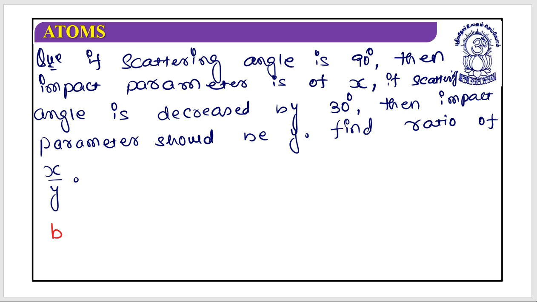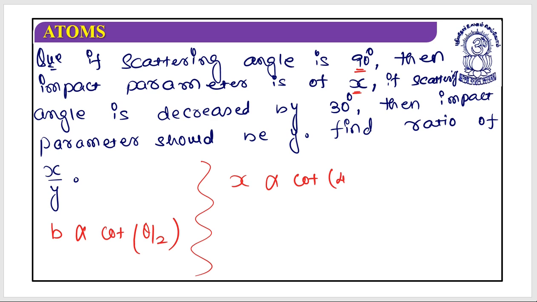So according to the standard relations, the impact parameter is proportional to cot theta by 2. Initially it was at 90 degree and the impact parameter is x, so x is directly proportional to cot 90 by 2, which equals cot 45 degree.